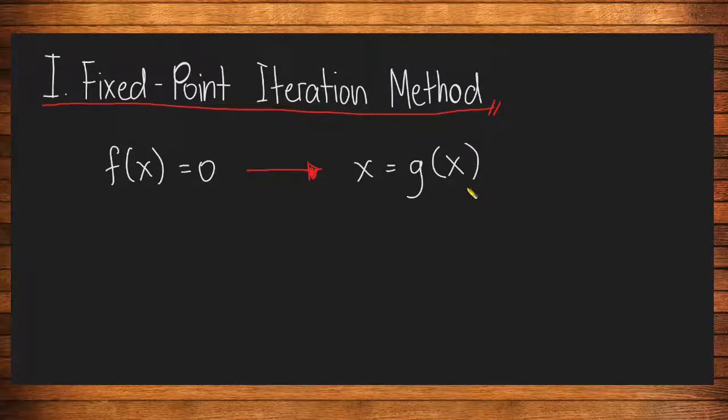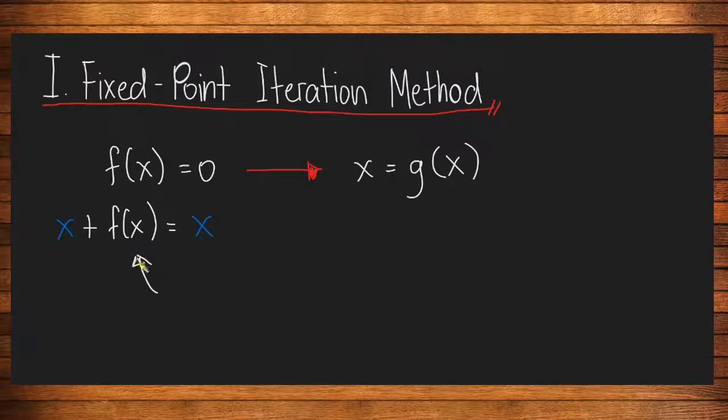This transformation can easily be done by either algebraic manipulations or simply adding x to both sides of the original equation. So for example, here in our original equation f of x equal to 0, yung gagawin natin to transform it into x equal to g of x is we will simply add x to both sides of our equation here. So etong nasa left side, ito na yung g of x natin. Now we have successfully transformed our equation into x equal to g of x.